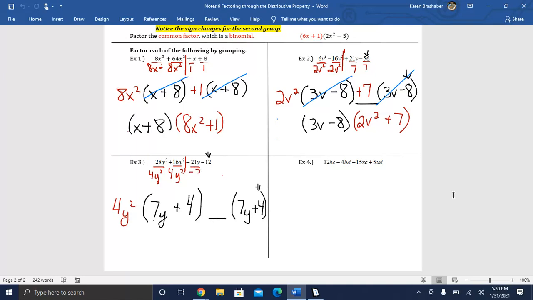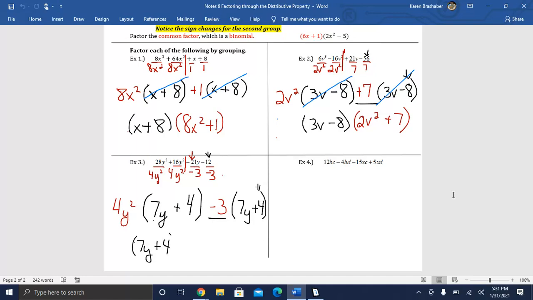If my third term is a negative, then I need to divide by a negative. And so my negative 3 is my divisor. You do need to put that negative sign outside of the parentheses along with your number. So our common factor is the 7y plus 4.